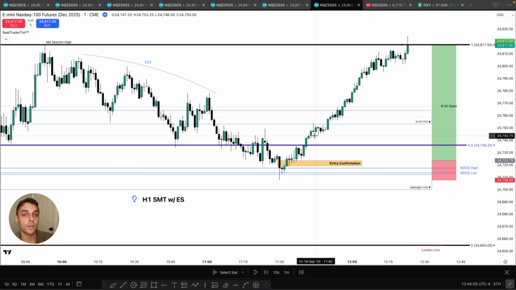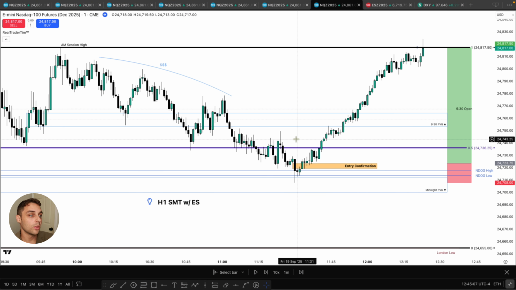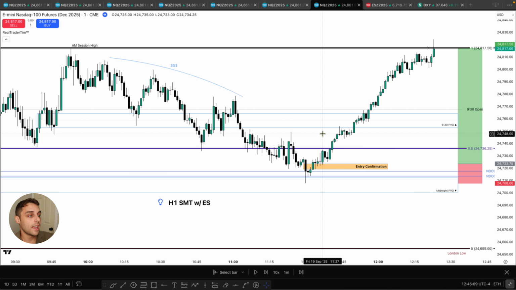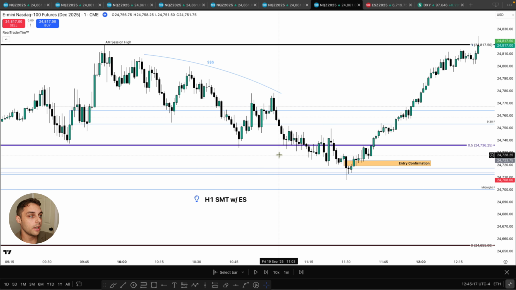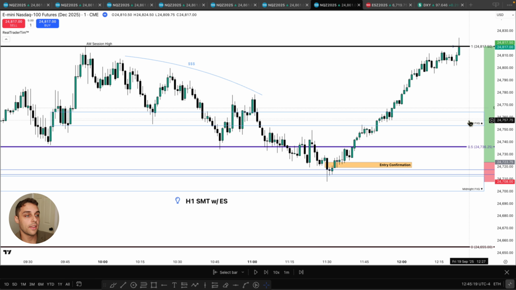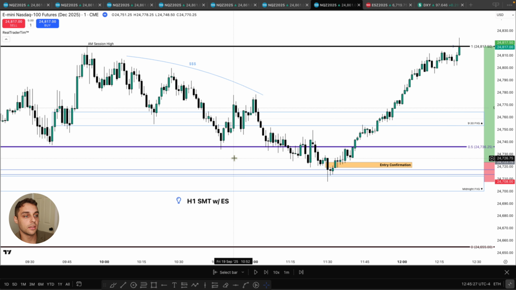Lastly, this is a good example of understanding narrative equal lows as well as first presentation fair value gaps with macros. Over here, we're still using the 930 fair value gap. I mentioned this close above was a low probability setup because we had the equal lows below and we still had not delivered to the new day opening gap or the midnight fair value gap.